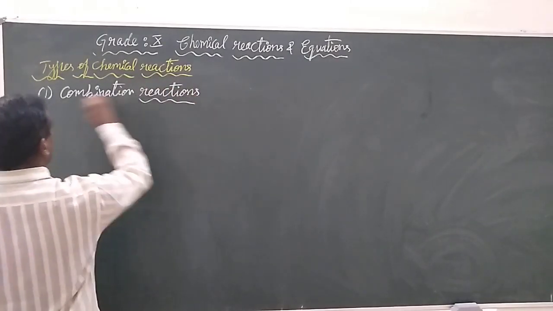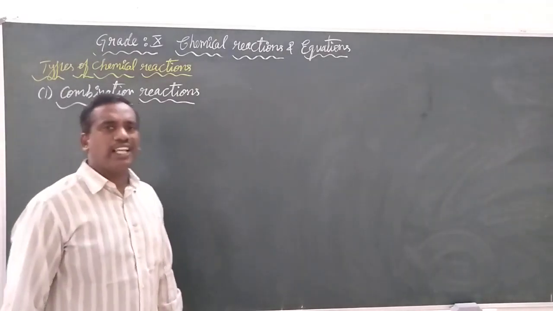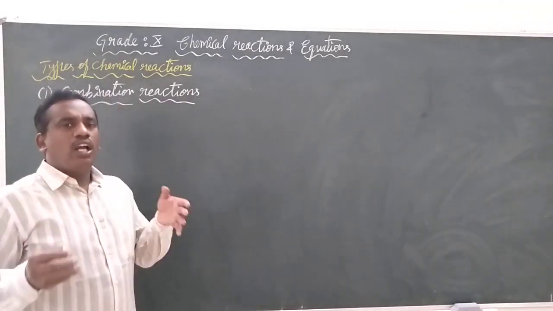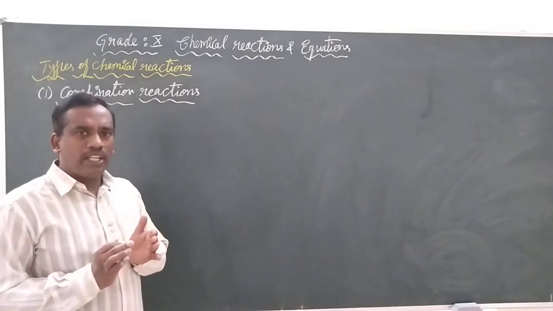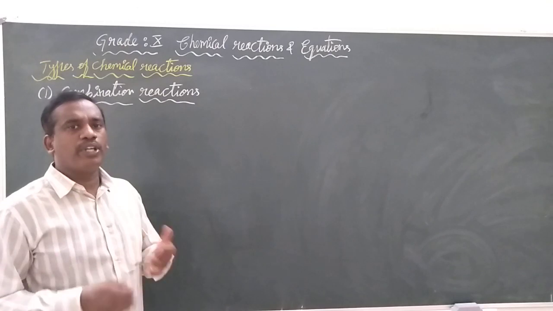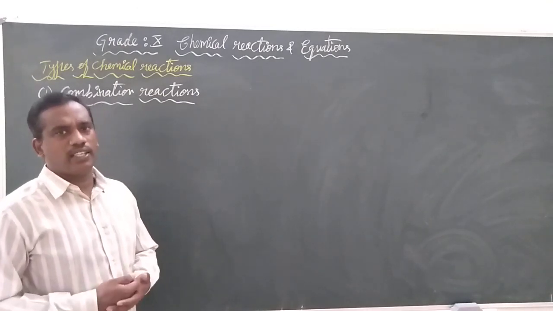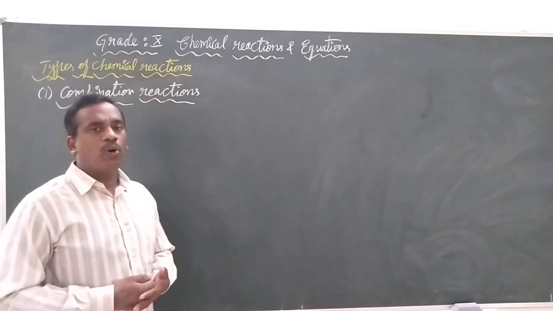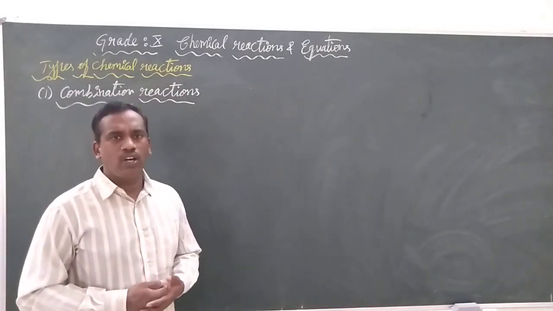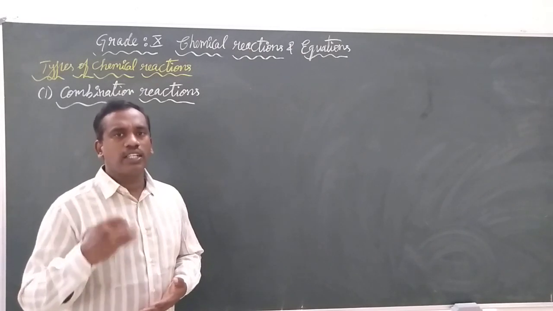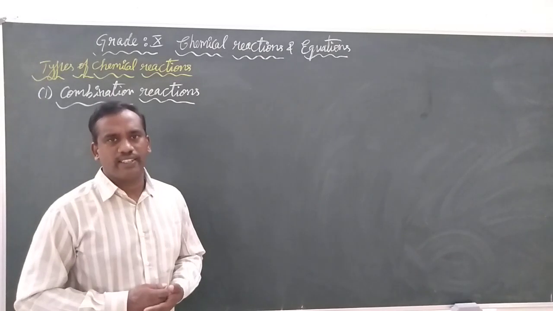The word combination itself explains that some substances are going to combine with each other to form a new substance. One example let us take here. We know about whitewash. What is meant by whitewash? The wash that we apply to a wall that was recently constructed.